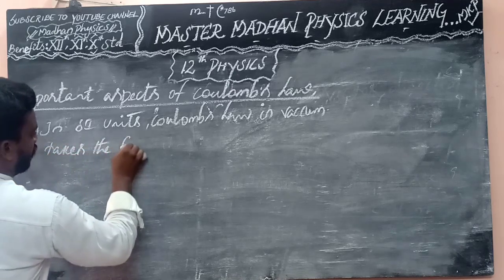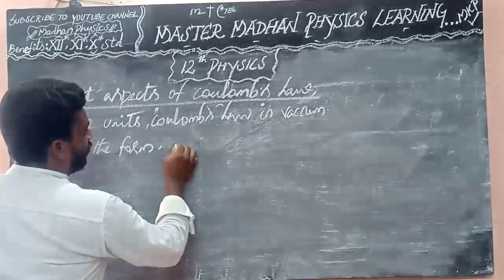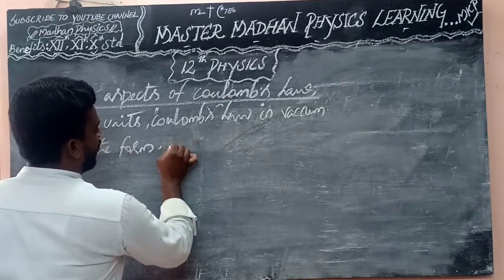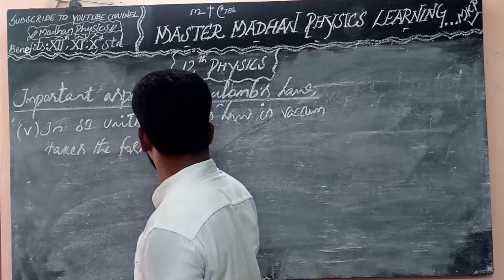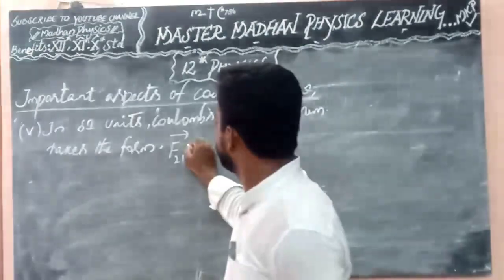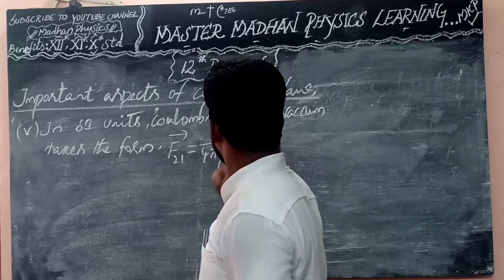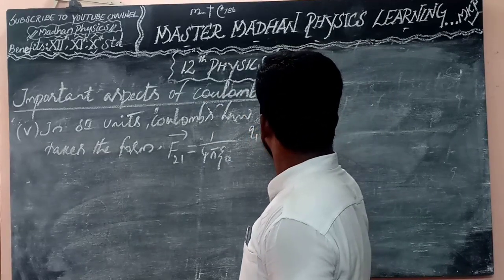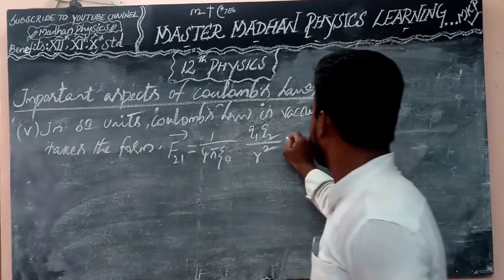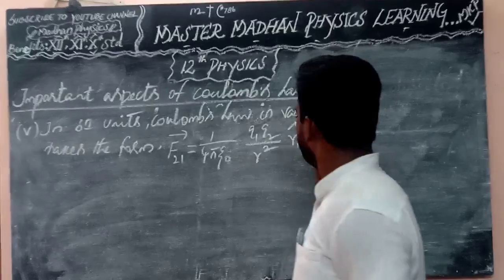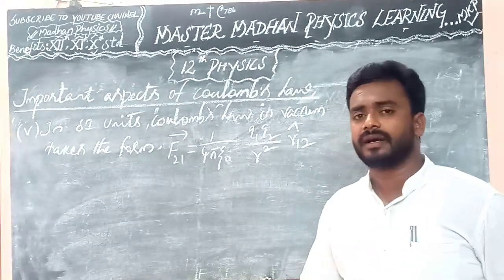So how can we form the equation for Coulomb's law in vacuum? That is F vector 21 is equal to, we know very well the equation, 1 by 4 pi epsilon naught Q1 Q2 by R square R cap 12. Here R cap 12 has no value because this is a unit vector.